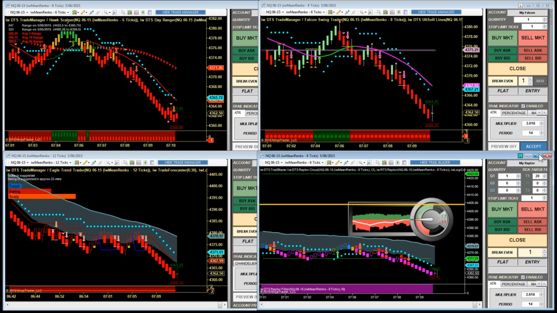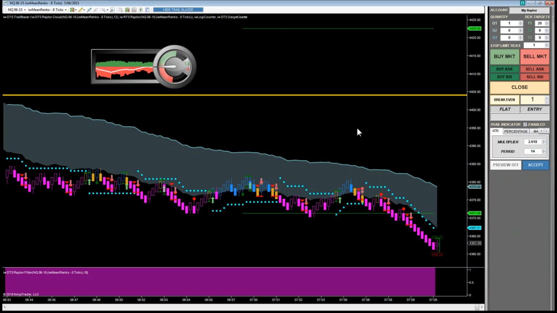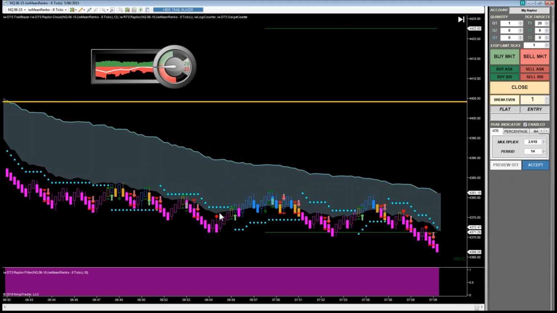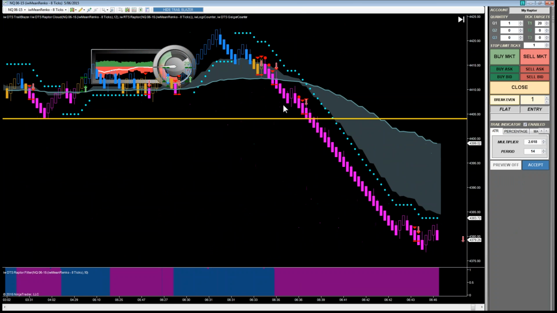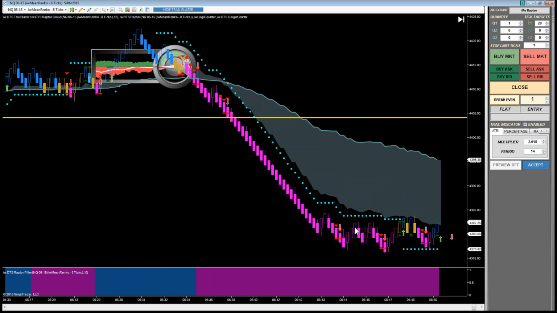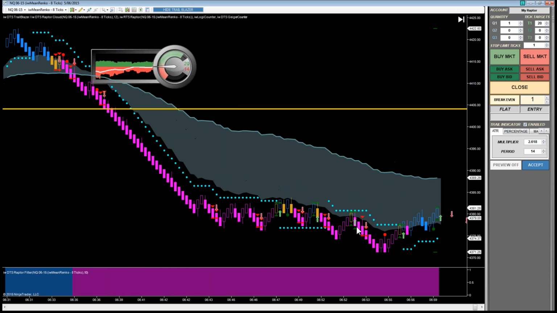And I think I went over the Raptor already. The Raptor is a blend of the three birds. It incorporates elements of the hawk, the falcon, and the eagle into one. The Raptor actually did produce a sell signal here just as the band was turning over and caught that nice little move lower.